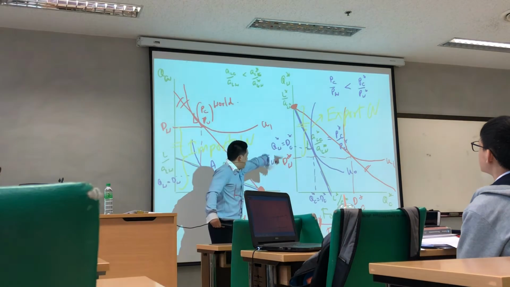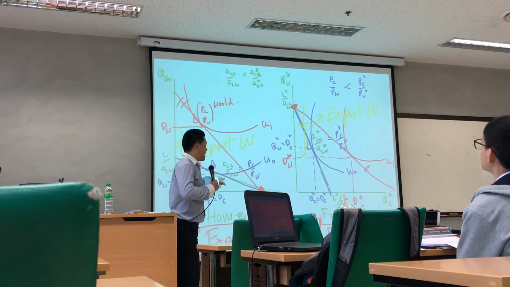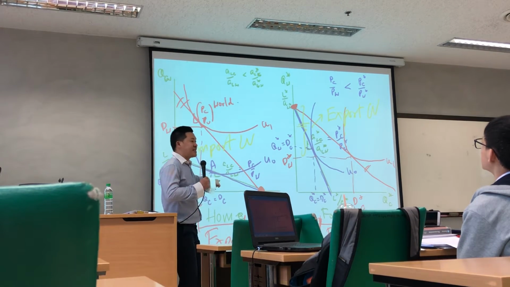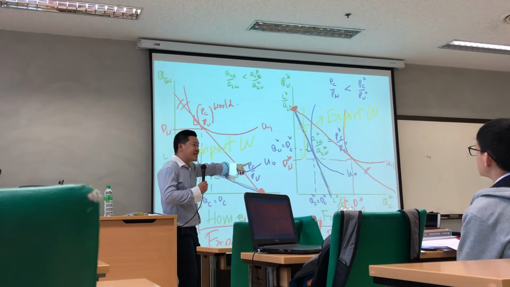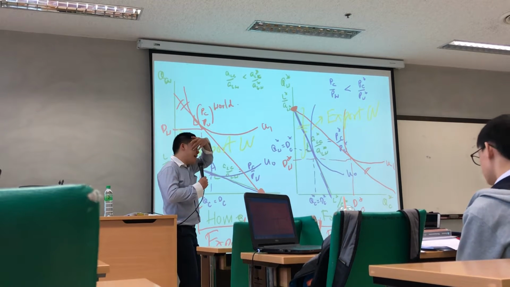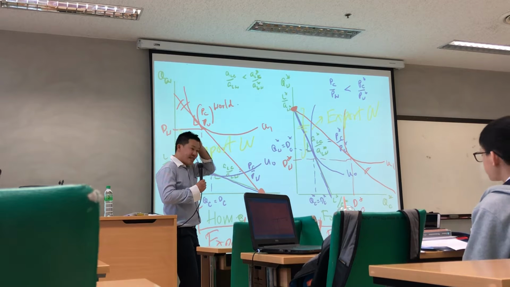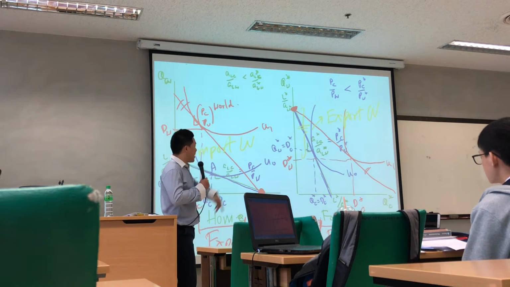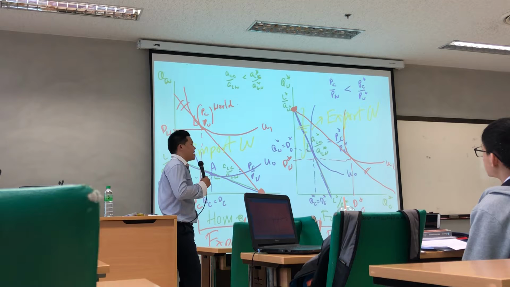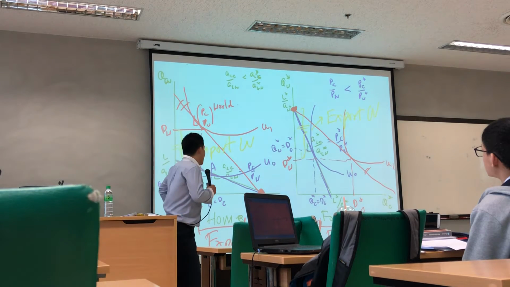So the opportunity cost of cheese in terms of Y of home is less than foreign. So home has comparative advantage in cheese.